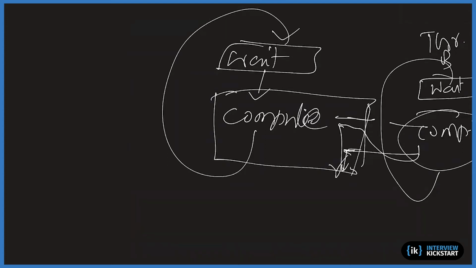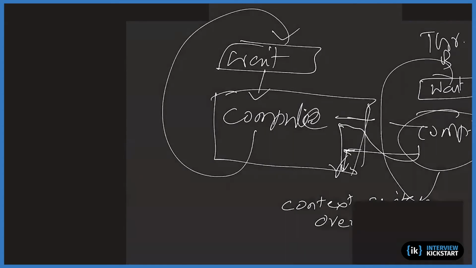So what is the problem there? You have the context switch overhead. One could avoid that in event-driven programming by switching to run to completion.